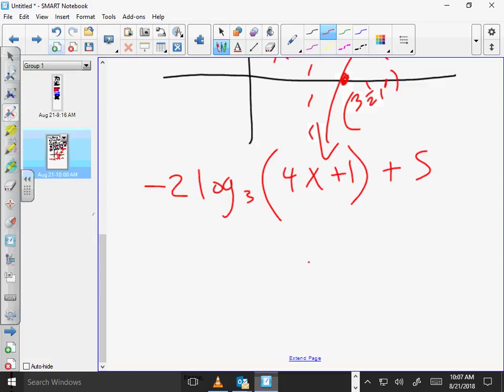Megan, where's the vertical asymptote? Negative 1/4. Good. And where's the point closest? Where's our new reference point closest to that vertical asymptote going to be, Zach? Negative 1/16, 7.